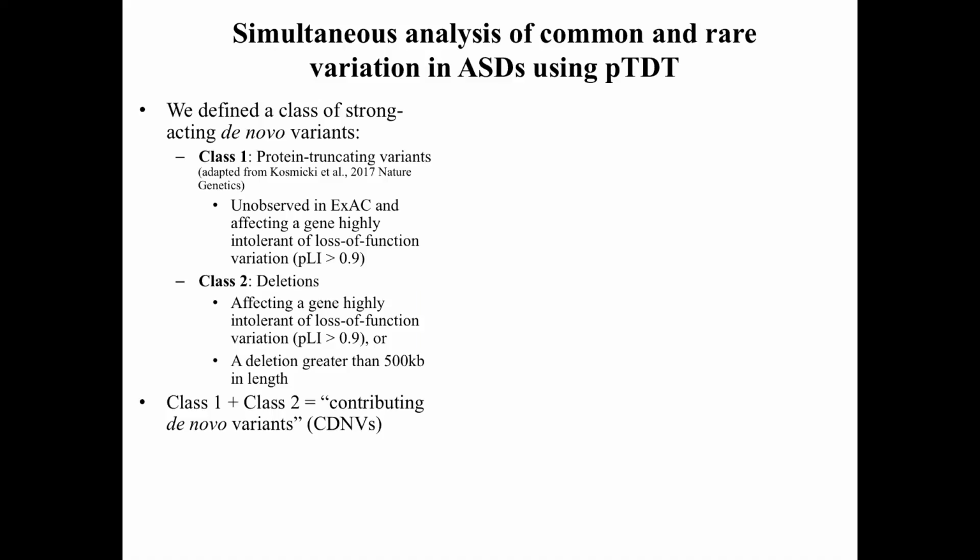And we combined these two classes of de novo variants, which we call CDNVs, and in the Simons, these were observed in about 1 in 10 probands.